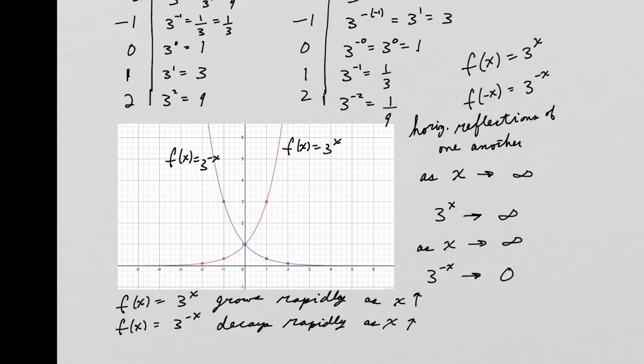Okay, so let me give you some general features of the graph of an exponential function. That was just a particular example where we used b equals 3 or b equals 1/3.